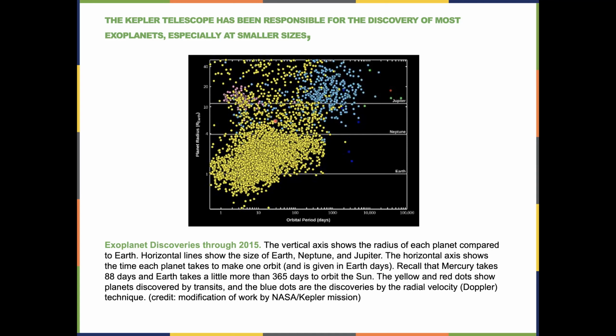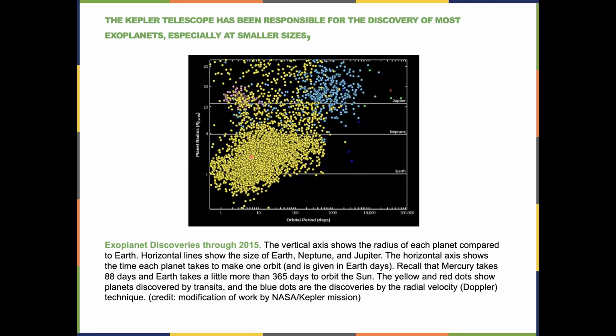If you read through this caption, the yellow and red dots show planets discovered by transit methods, and the blue dots are the discoveries by the radial velocity or Doppler technique. So the blue ones are discovered from the Doppler technique, and the yellow ones are discovered from transit methods.